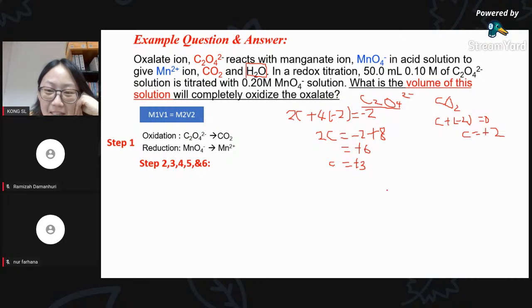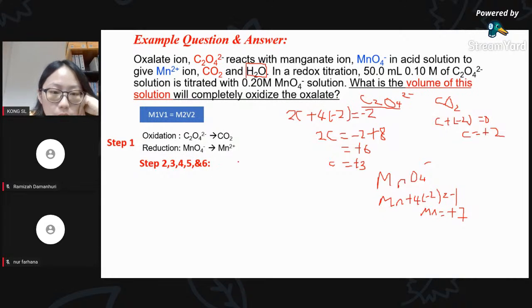Nampak something? Okay, let's check again. MnO4, Mn plus 4 times negative 2 equal to negative 1. So, Mn equal to positive 7.